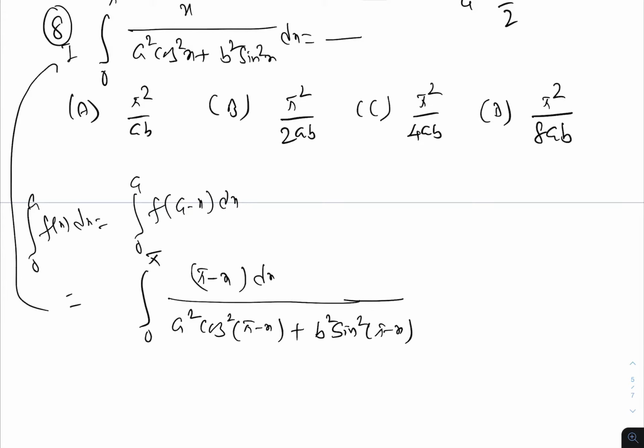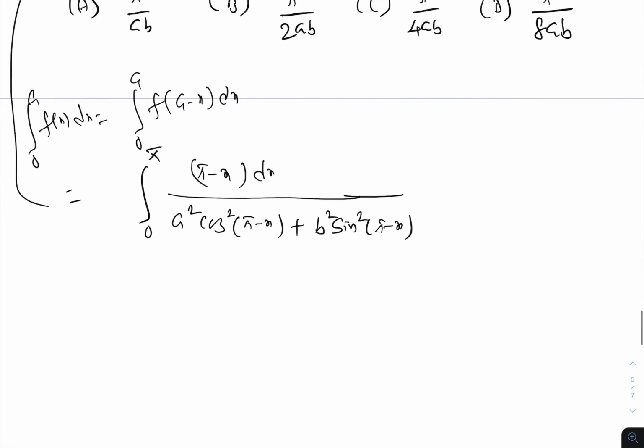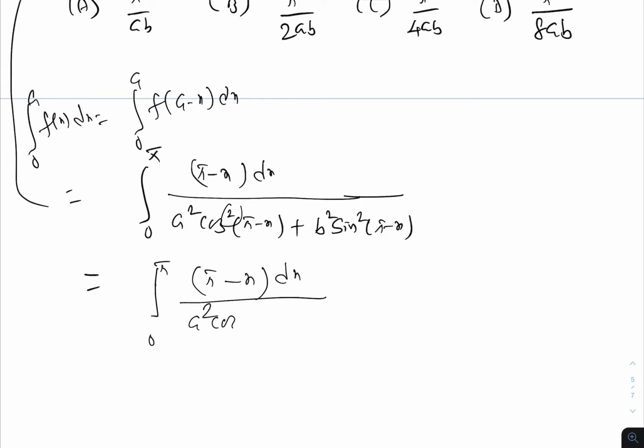So this is I, and we know cosine (pi minus x) is minus cosine x, but it's squared, so that will remain the same. Similarly for sin square, so this is equal to integration 0 to pi of (pi minus x) dx over a square cosine square x plus b square sin square x.